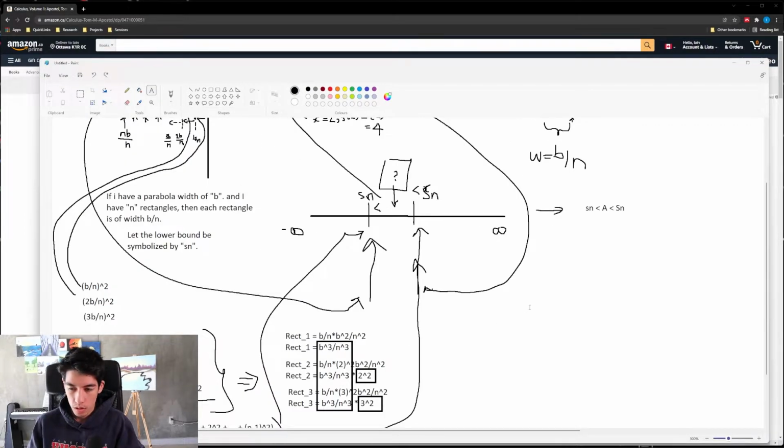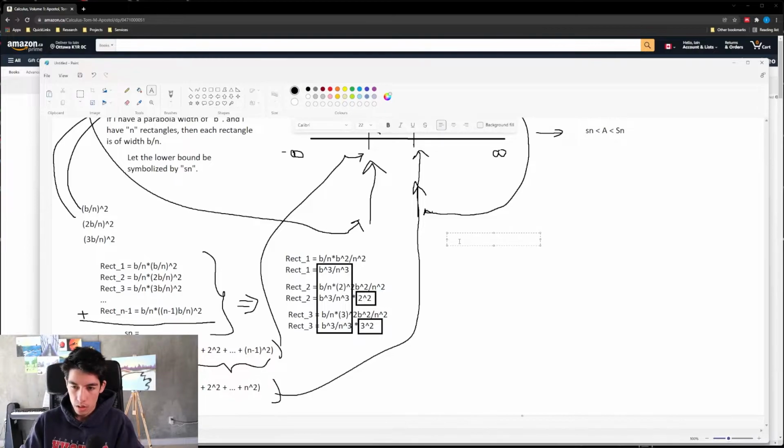So the goal is to determine an analytical function for the sum of squares. This is what we want to do. And let's derive it.